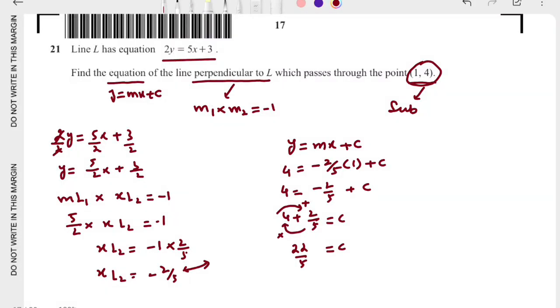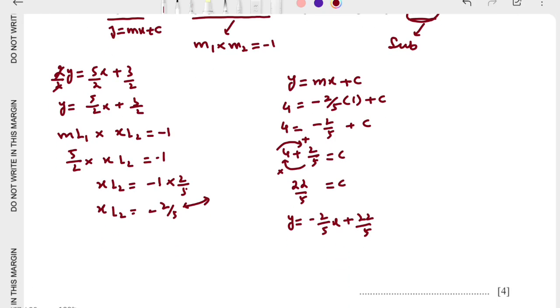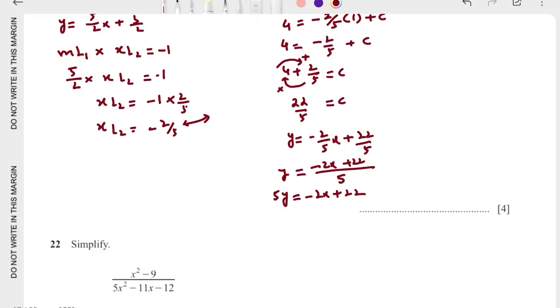Now the equation would be y is equal to minus 2 by 5 x plus 22 by 5, or it can also be written with 5 as the LCM: 5y is equal to minus 2x plus 22. When we cross multiply, 5y is equal to minus 2x plus 22 would be your final answer.